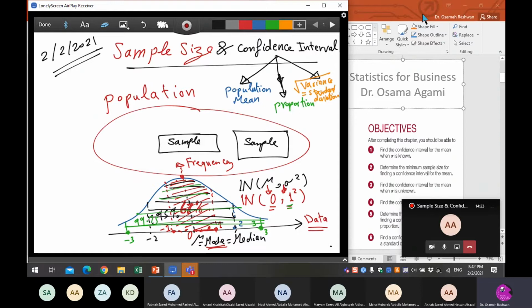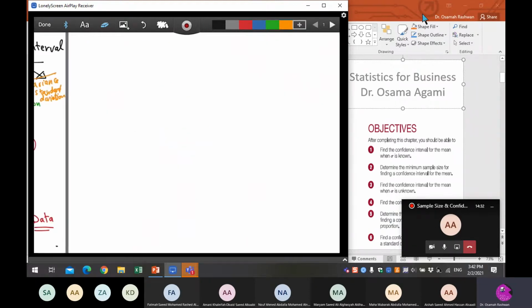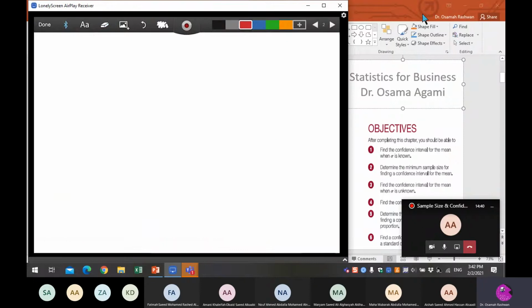Now we are ready to know how to find the confidence interval for the mean. We start with the mean.